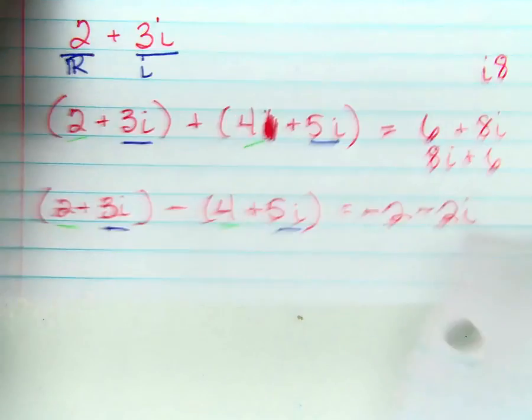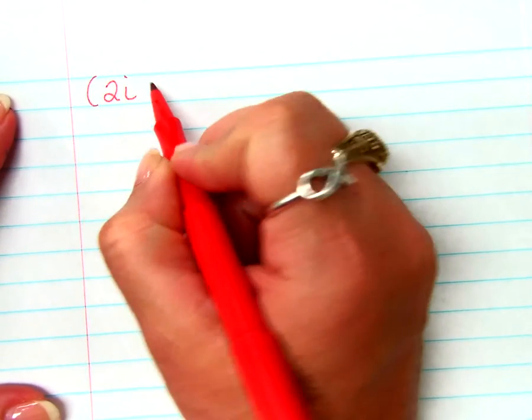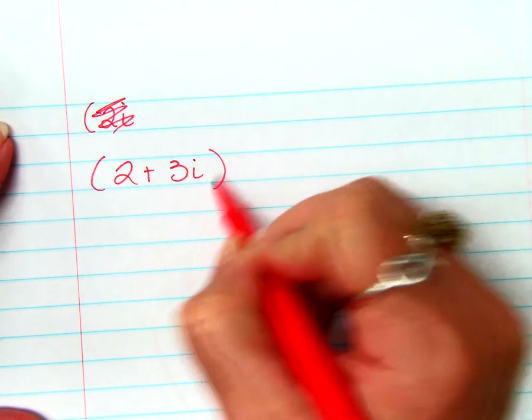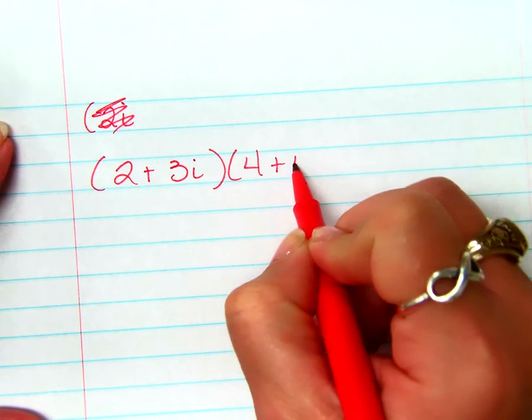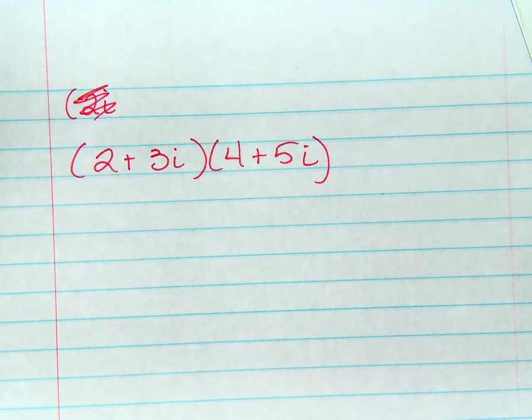So, if we can add and subtract... Oh, dang it. Can we multiply? Why do you think people don't want us to multiply? Because we're going to end up having to multiply what and what together?